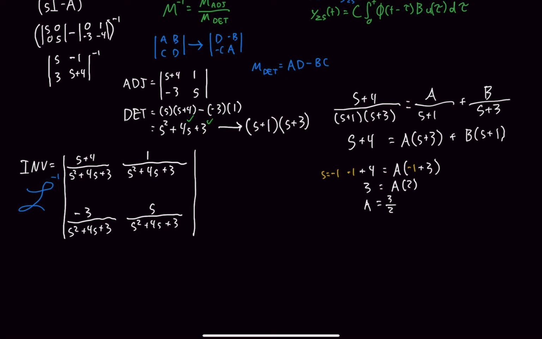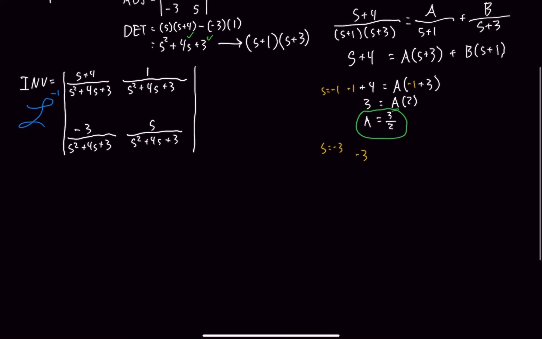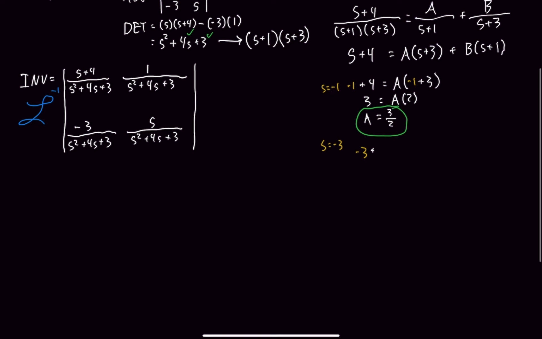So that's our first A. And now let's sub in s equals negative 3. So we'll have negative 3 plus 4 equals, the A term is going to turn into 0, B times negative 3 plus 1.